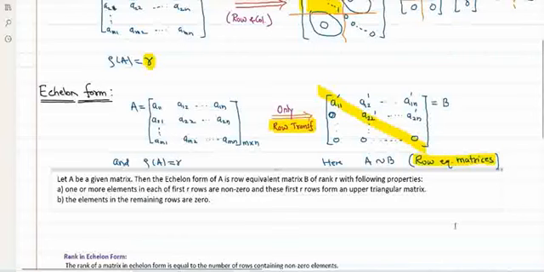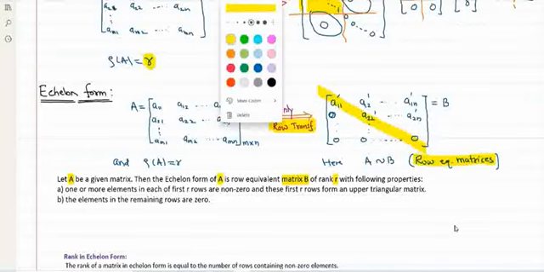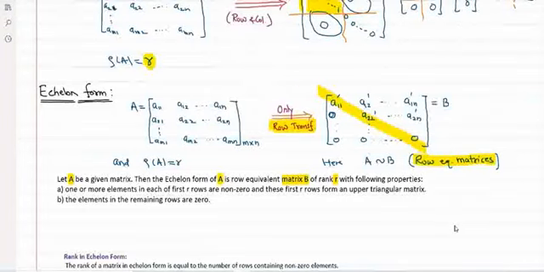Now see, what is the echelon form of a matrix? In this definition, we start with: let A be an m by n matrix with rank R. Then the matrix B, which is obtained from matrix A by applying only row transformation, that's why these two matrices are called row equivalent matrices.